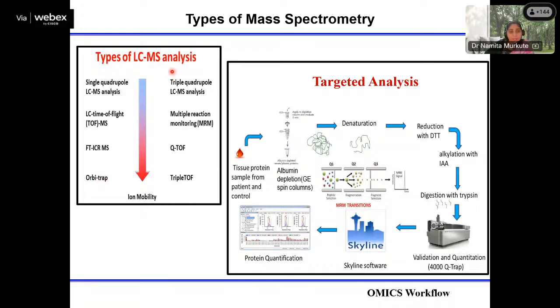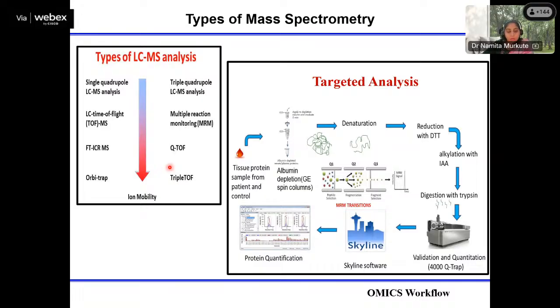Now these are the different mass specs. In this we can do targeted analysis, which is triple quadrupole LCMS analysis. This MRM is nothing but multiple reaction monitoring, which I am going to explain now. In QTOF you can also do targeted analysis, and in triple TOF, targeted analysis can be done.